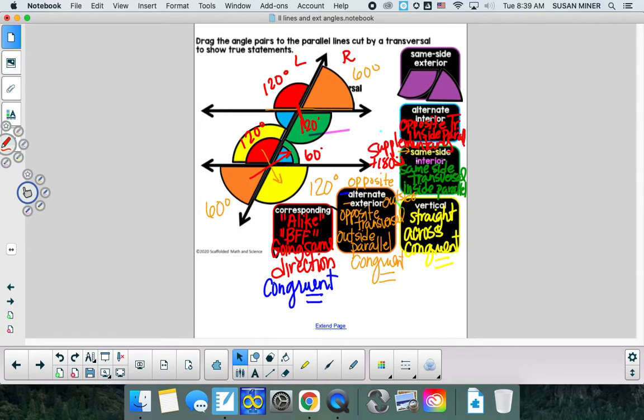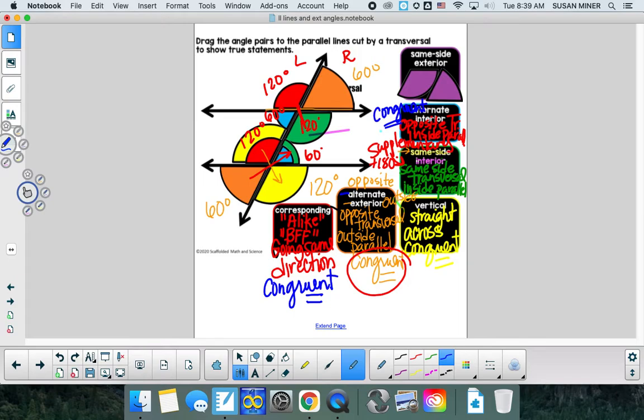I'm going to abbreviate that because I'm running out of room. And remember, alternate angles were congruent to each other. They were the same measurement. And we can look and say, hey, this one is 60 degrees down here, so this one has to be 60 degrees up here as well. And so alternate interior angles are congruent. They're equal to each other.